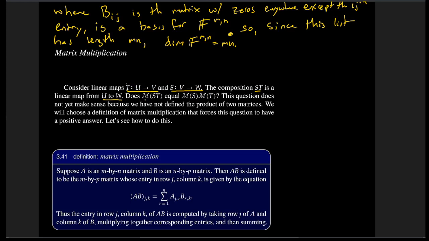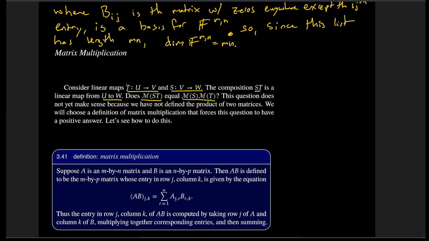I can make new linear maps by essentially concatenating those domains and codomains. Now, when I make a linear map of this composition, is this equal to the product of the matrices of each piece of the composition?